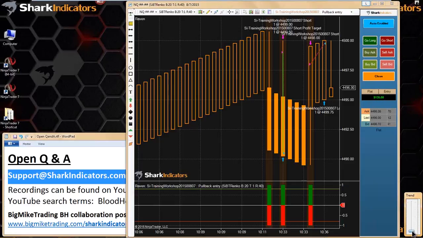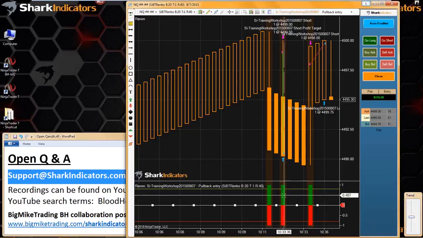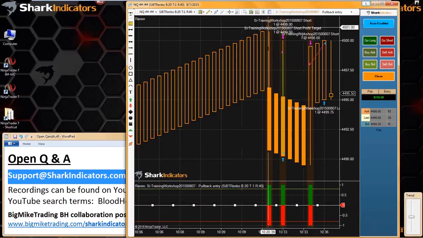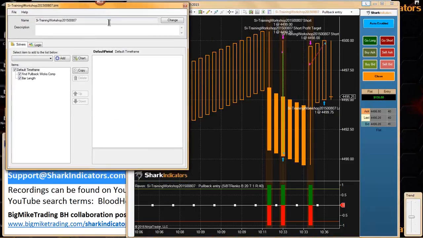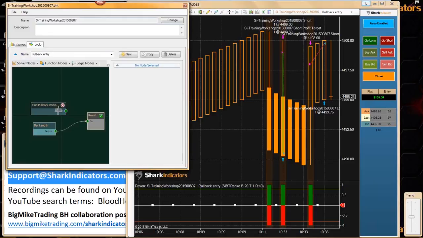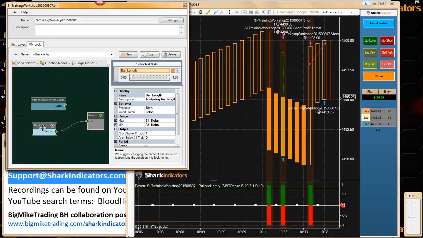Let me just pull price down. Well, actually, I'm sorry, we can already see it. Look, this is the bar length solver. It gives us both a long and a short output. So we need a way to filter, right? A long trade only or a short trade only. So going back into our logic, let's name this.